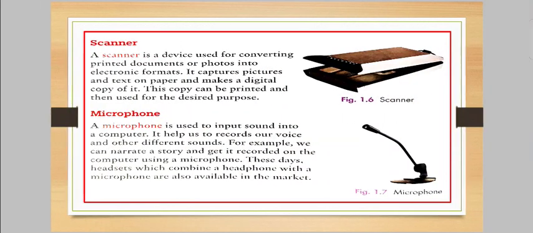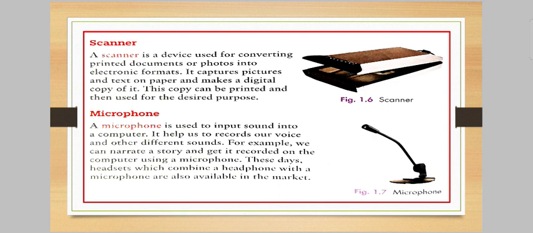Next is scanner. Here you can see the image of a scanner. Scanner is also an input device. A scanner is a device used for converting printed documents or photos into electronic formats. It captures pictures and text on paper and makes a digital copy of it. This copy can be printed and used for the desired purpose.